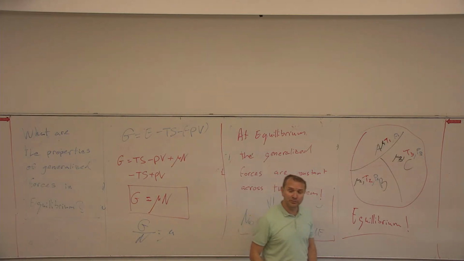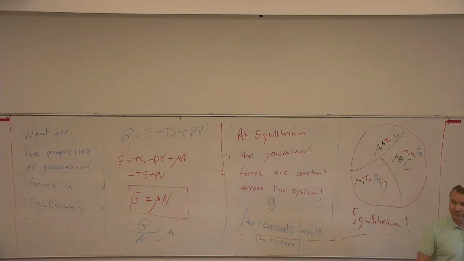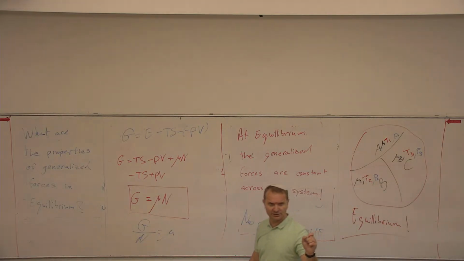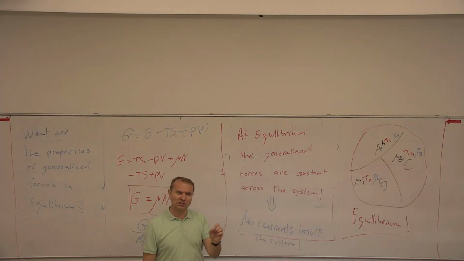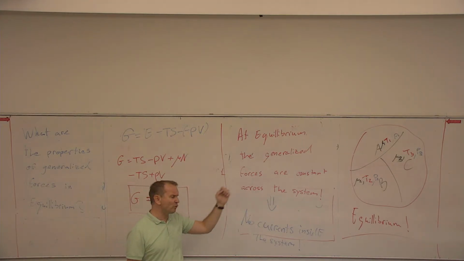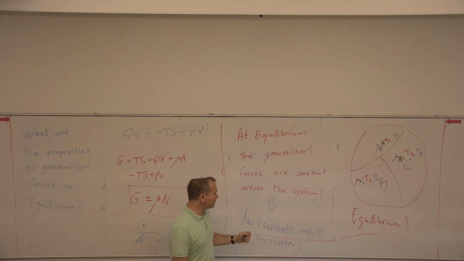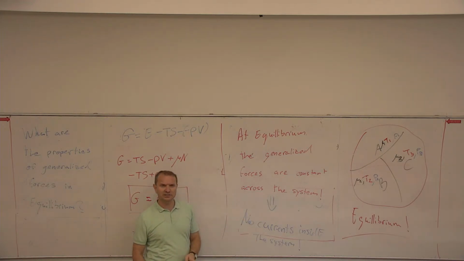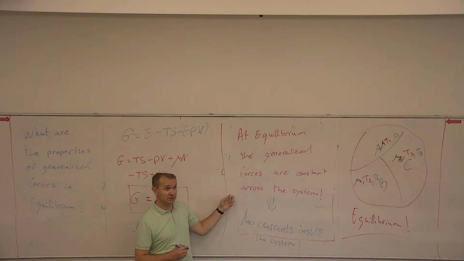At equilibrium, there is absolutely no current from any part of the system to any other part. What I mean by current is systematic current. There can be fluctuations. One particle from time to time can escape. There is some heat that can go from one part to another. But in general, no systematic currents inside the system. And we will show this.